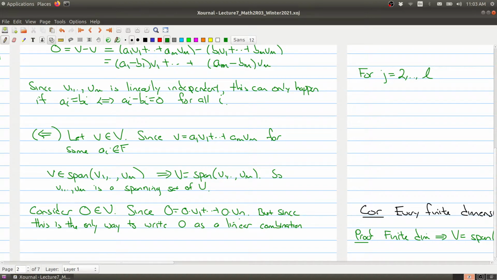So since this is the only way to write 0 as a linear combination, this means that the vectors are linearly independent.